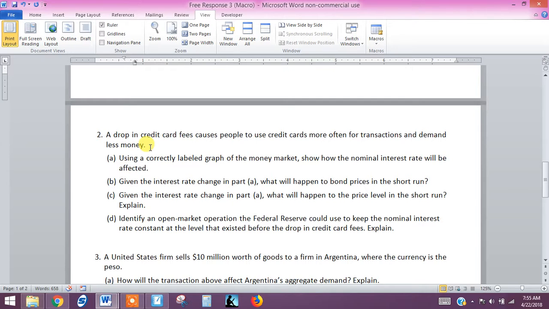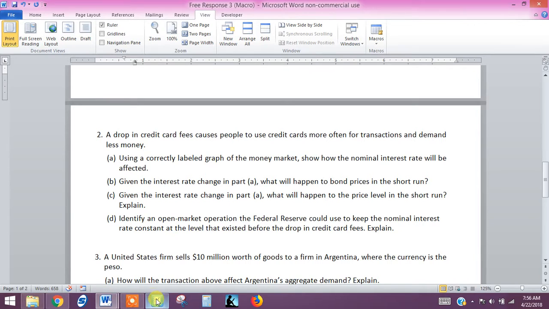So in general, the money demand, or the demand for actual money, is going to decrease. So we want to draw a correctly labeled graph of the money market and show how the nominal interest rate is going to be affected by a downward shift in money demand.